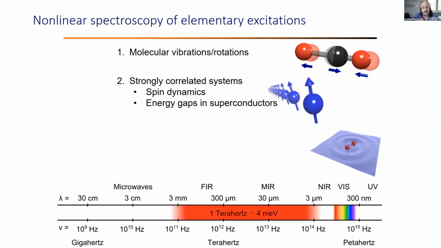So a lot of magnetic degrees of freedom that are related to correlation of spins between individual atoms in condensed matter systems. And also correlated systems like superconductors. Superconductivity is related to an energy scale that is in the mid to far infrared spectral region.